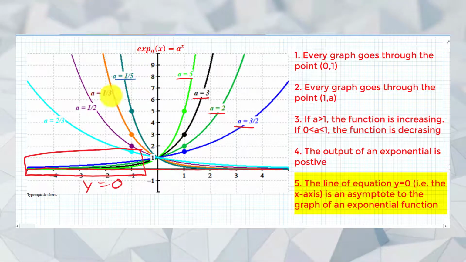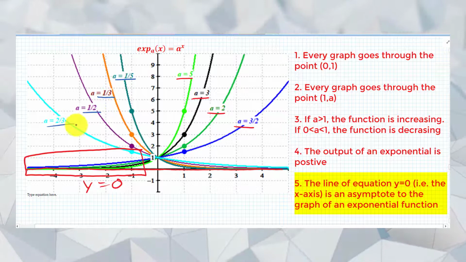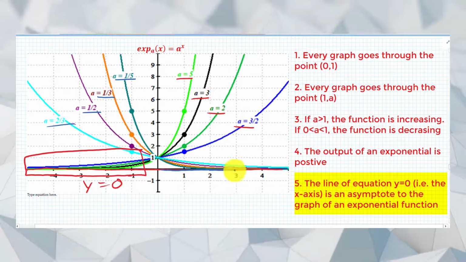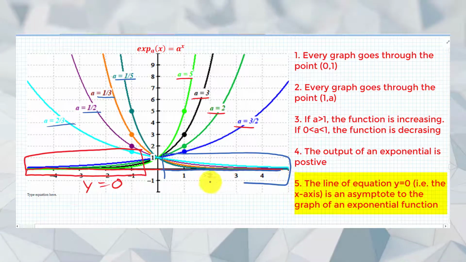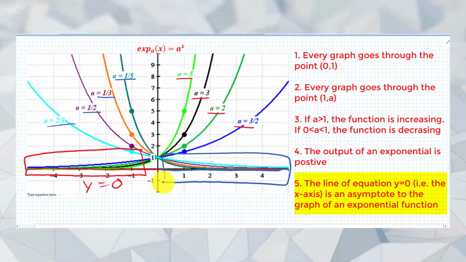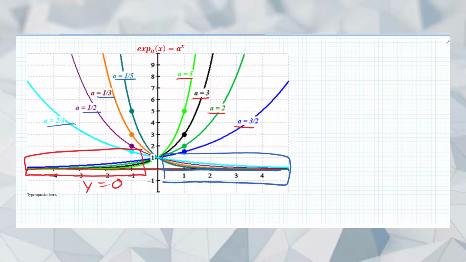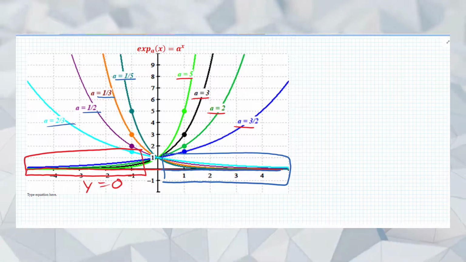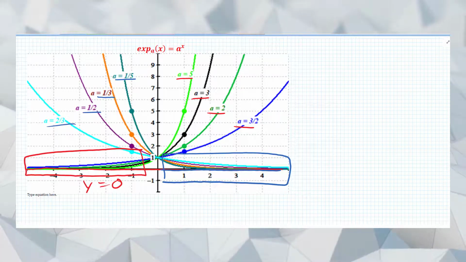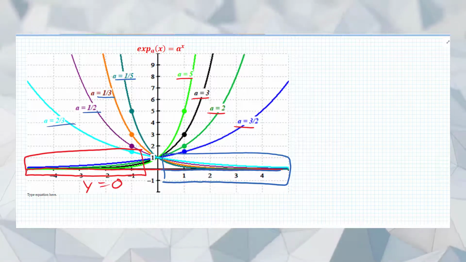And when the base is smaller than 1, then the x-axis is an asymptote as x approaches positive infinity. You must be familiar with all these properties. I have written them in your notes. Let's sketch a few more graphs to understand how to sketch an exponential function.